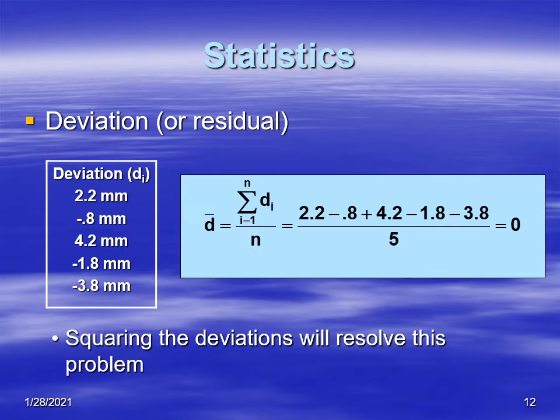So actually the sum of the deviations is 0. So that is a problem. We can't get the average this way, but there's another way. If we square each one of those, the negative numbers become positive, and then we can divide it by 5 and get the average of the squares.